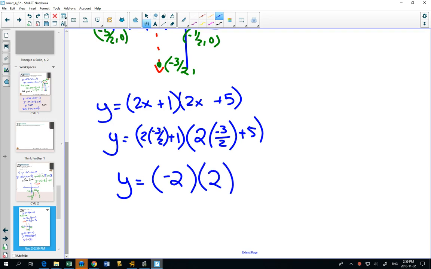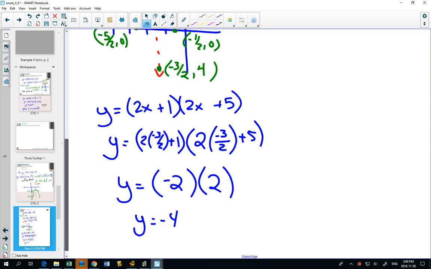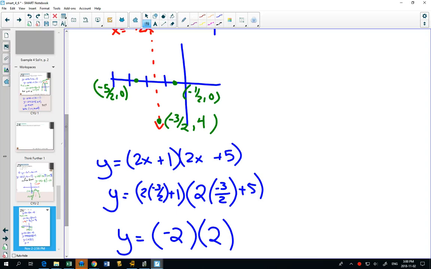This is going to be 2. So our y-coordinate of our vertex is going to be -4. So we can label that on our graph, and we've got our x-intercepts and our vertex, and that's labeled enough to graph it completely.